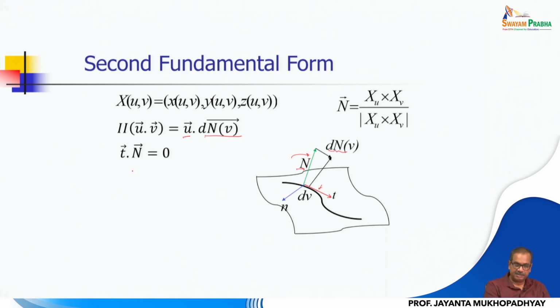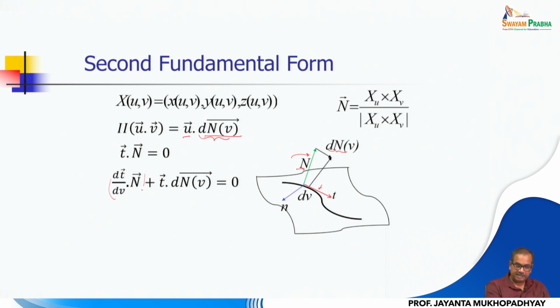So by using this relationship that their dot product is 0, we can express the relationship between this tangent and this particular entity, that variation with respect to V.